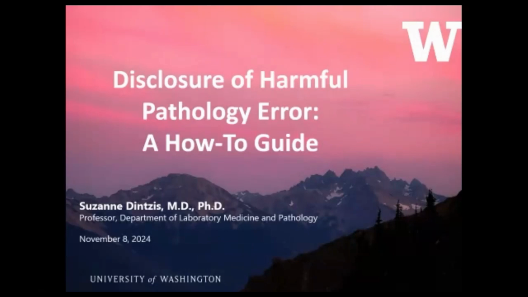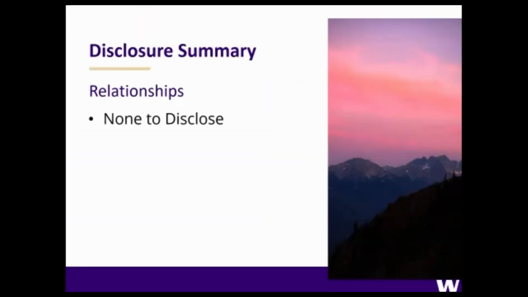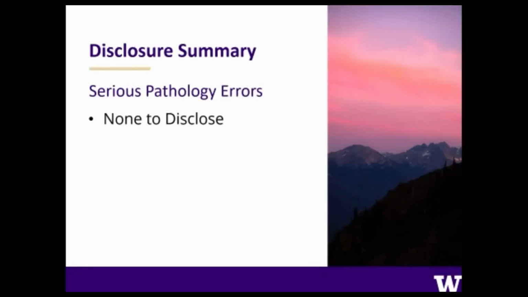We've been talking a lot about communication, and I think I agree pretty much entirely with what everybody said. Today we're going to focus this talk on disclosure of harmful pathology errors, which is the most difficult type of communication. So we'll delve right in. Nothing to disclose in terms of conflicts of interest.